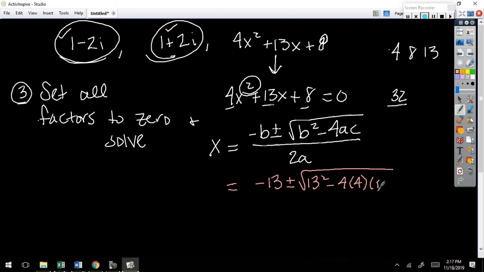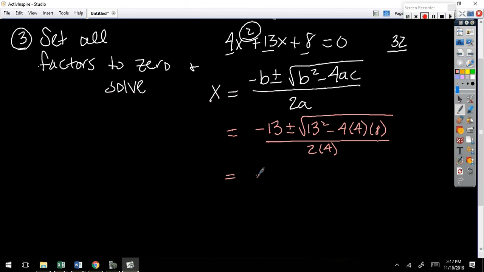And I get negative 13 plus or minus the square root of, so now I'm just going to plug this in, 13 squared minus 4 times 4 times 8.